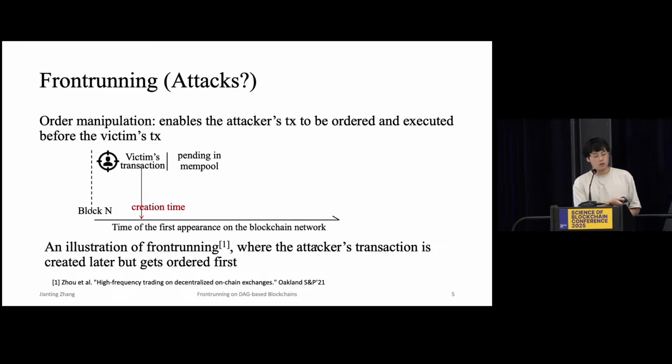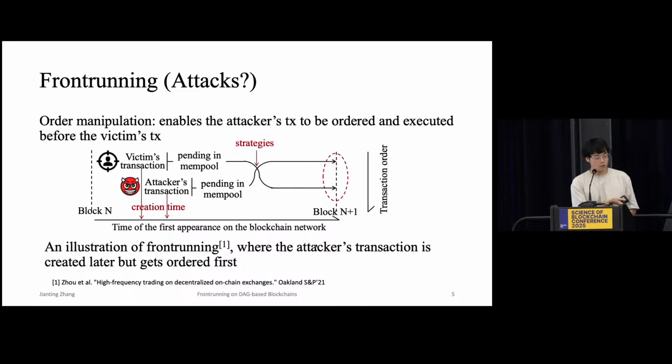In this figure, a victim creates a transaction and broadcasts it to the blockchain network, and it is temporarily held in the mempool. At the same time, an attacker observes the victim's transaction, creates his own transaction, and also broadcasts it to the network. By performing some front-running strategies, the attacker can make sure his transaction is eventually ordered and executed before the victim's transaction.